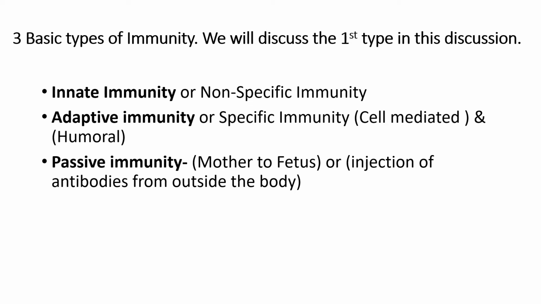And then there's something called passive immunity. I added this as a third type. I mean, really it is not a third type. It's just something that occurs passively from mother to fetus. The mother has immunoglobulins that she passes directly through the placenta, and then also in breast milk, it can actually help to pass through passively to the baby.